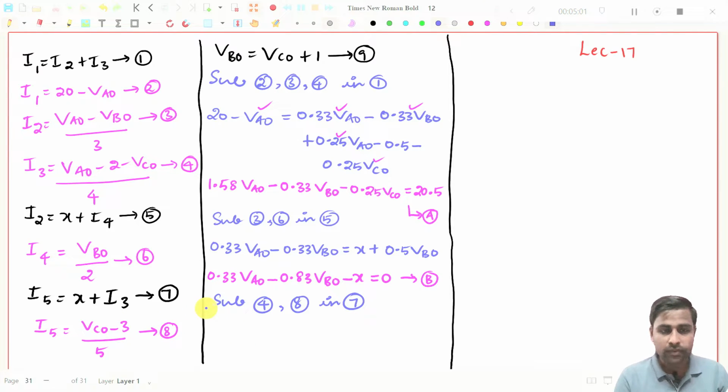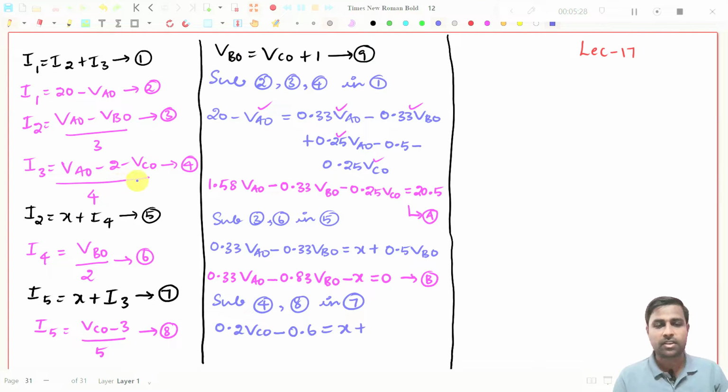I5 is nothing but 0.2 VCO, since 1 by 5 is 0.2 VCO. Then 0.2 VCO minus 3 by 5 will give you 0.6. So I5 is completed. Next, that should be equal to X plus I3.